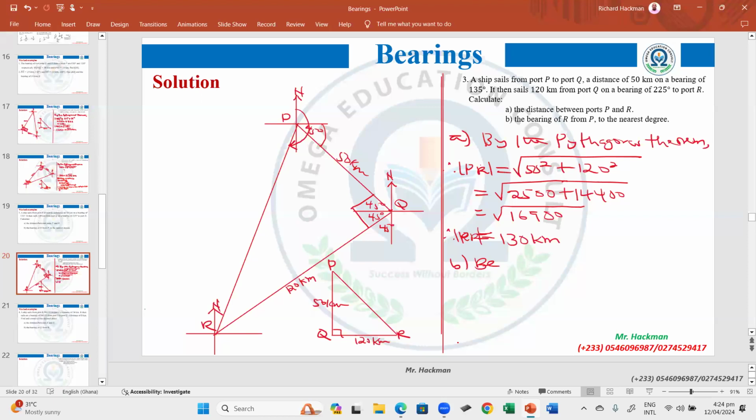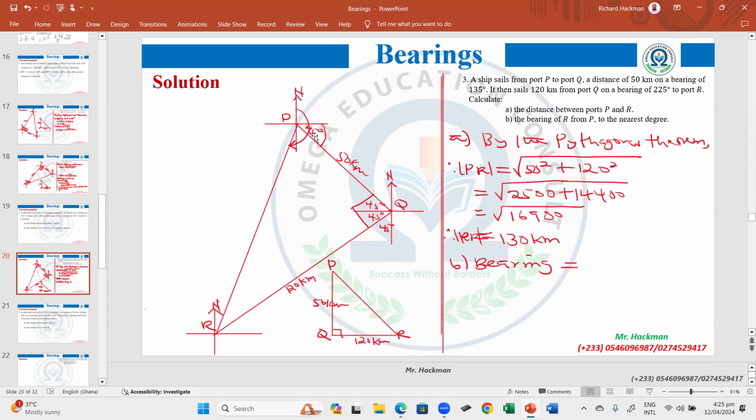So bearing will be equal to, if you look at what we have here, the angle here. In actual fact, we have about 4 angles, but you can zoom into maybe 2 angles. This angle, then this angle. But the whole of this angle, we know this is 90 and this is what? 45.